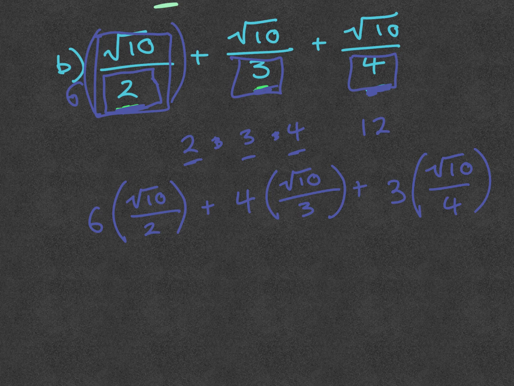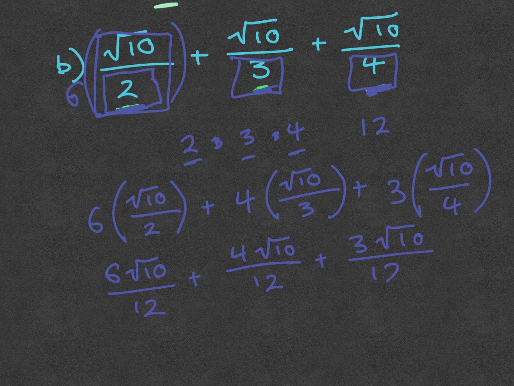So when we expand out all our brackets, remember when we've got this number in front of the brackets, we're multiplying both the numerator and the denominator by the number at the front. So that's going to leave us with 6 root 10 over 12 plus 4 root 10 over 12 plus 3 root 10 over 12.